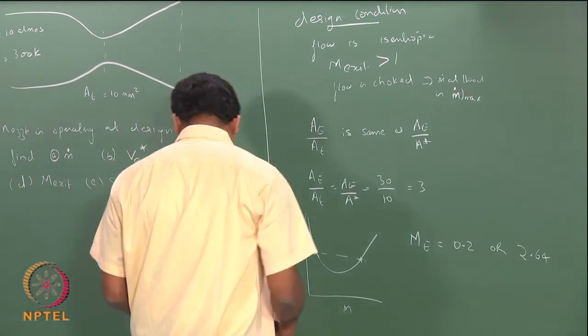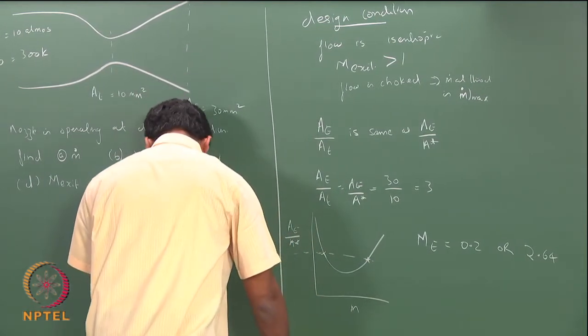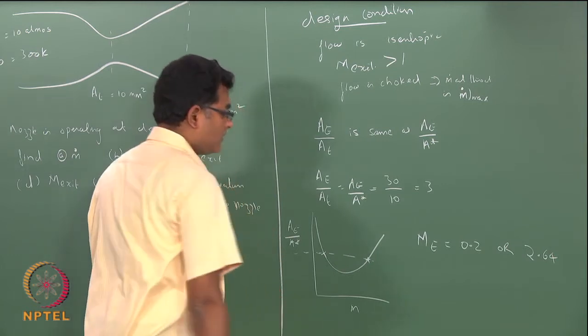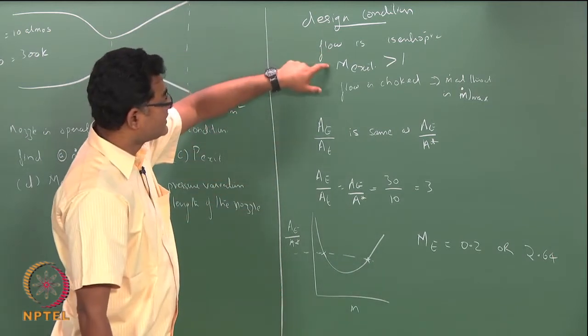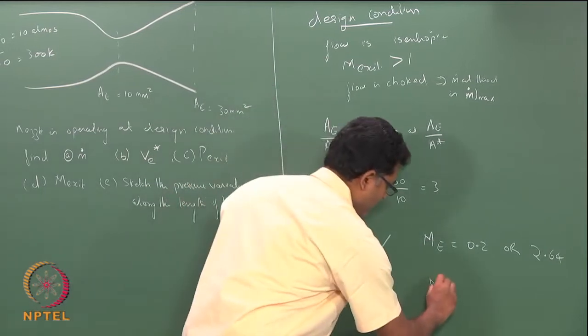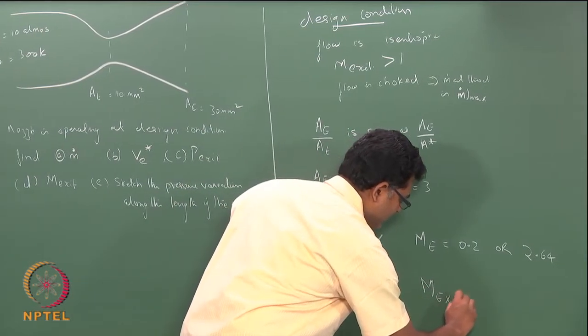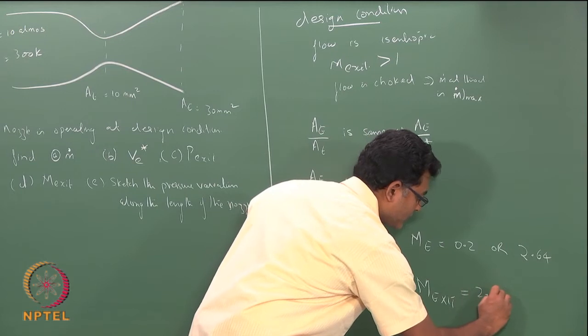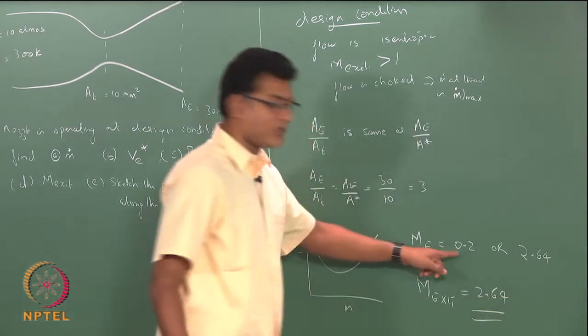Okay. Since we already know this is a design condition, my M exit is 2.64 and not the subsonic one.